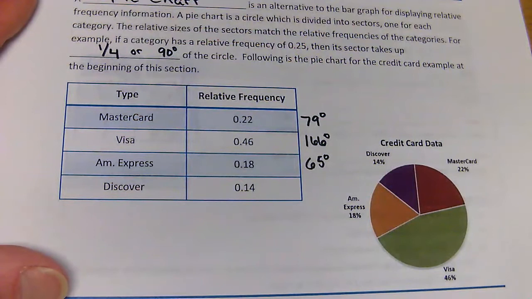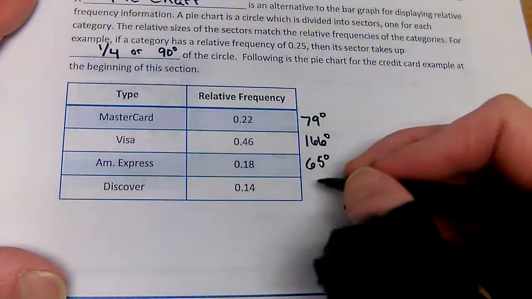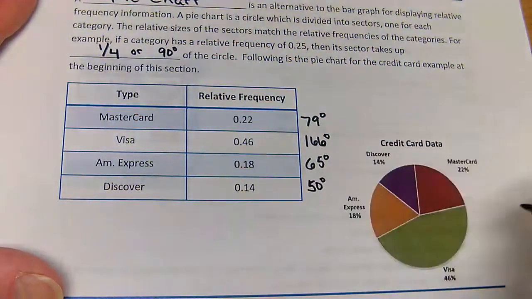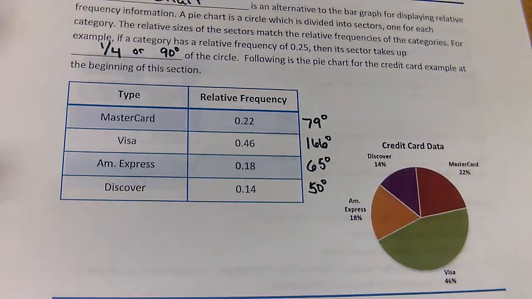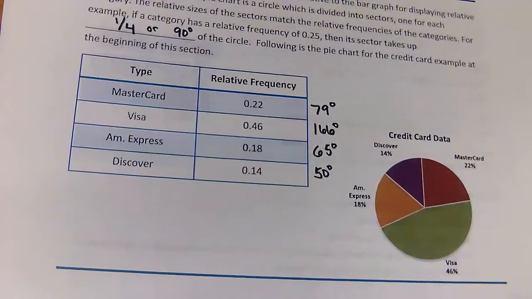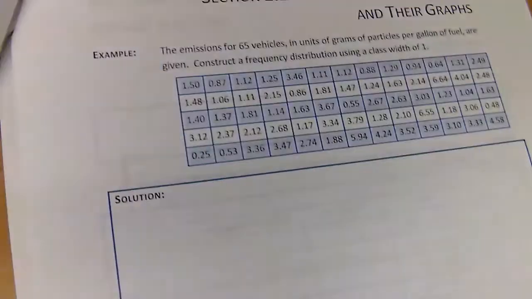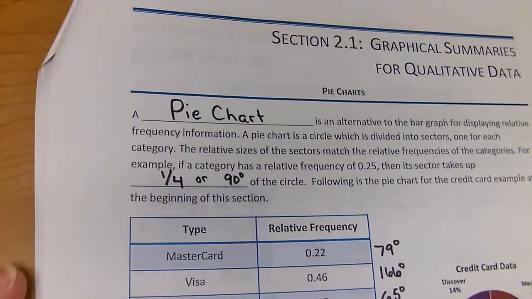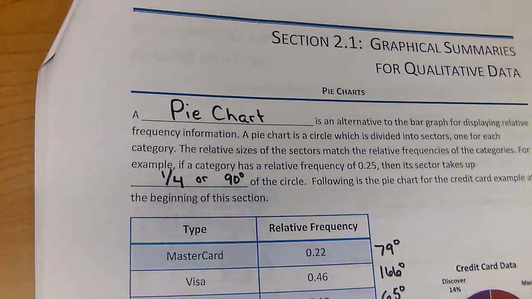And 0.14 times 360 would be 50 degrees. So that's how we would know how to measure our degrees if we were doing it by hand. And those are the main ways you will see qualitative data.